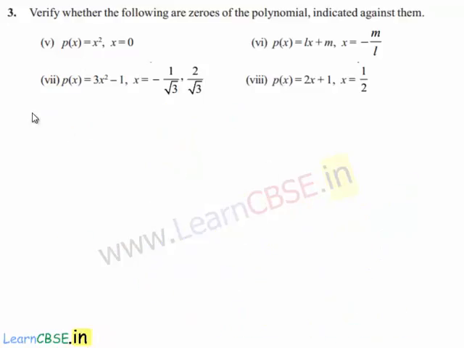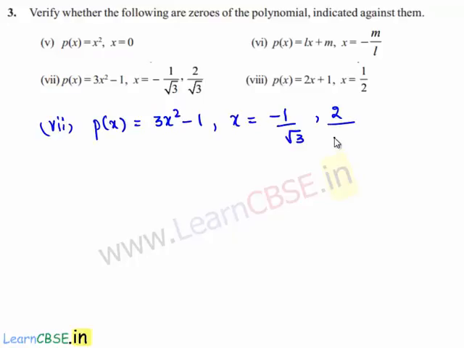Next, let us see the seventh bit, which is given as P of x is equal to 3x square minus 1, given that x is equal to minus 1 upon root 3, comma 2 upon root 3. So let us first substitute x is equal to minus 1 by root 3.